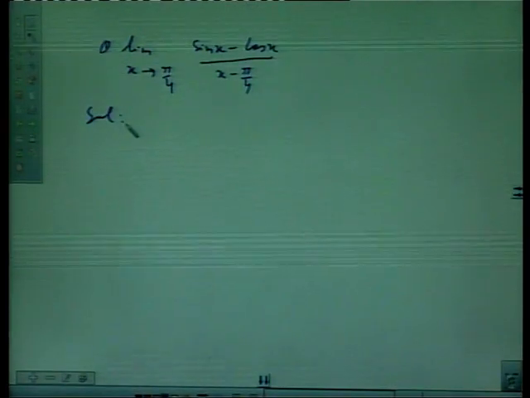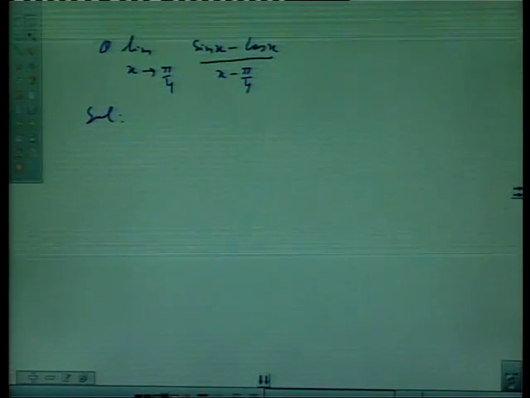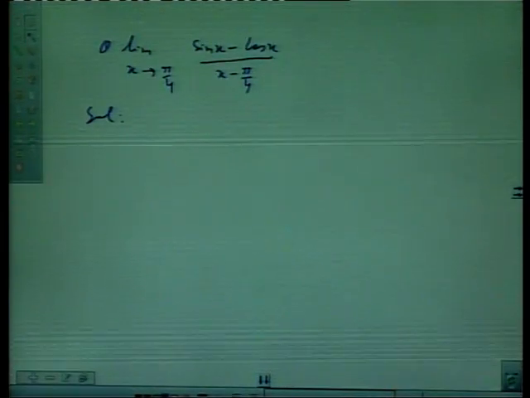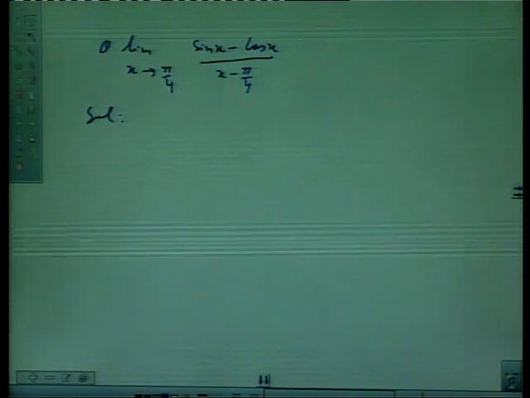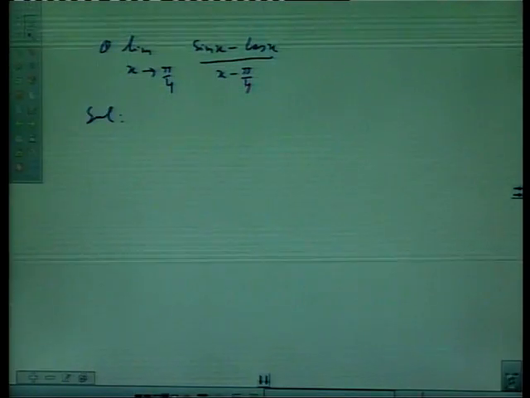Now, in this question, limit x tends to pi by 4, it does not tend to 0. First of all, we apply the substitution method to change this into x tends to 0.